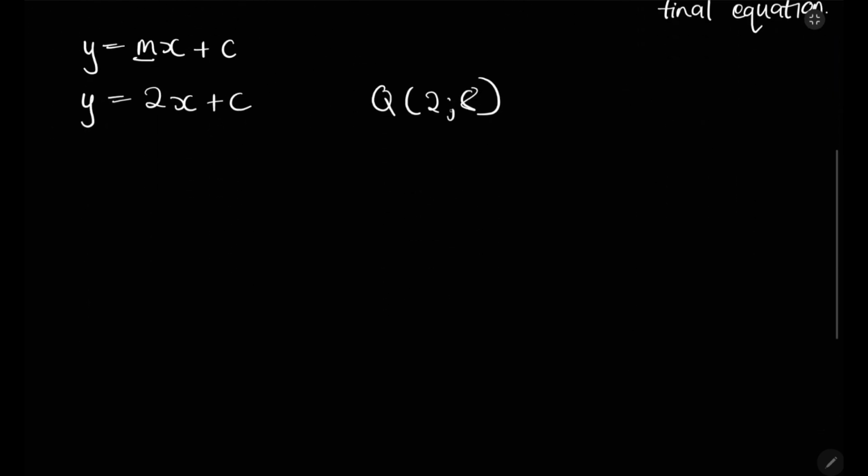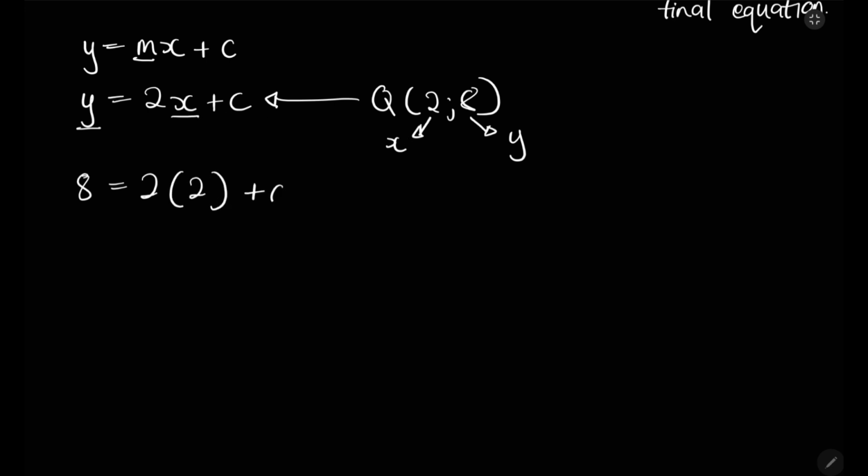Now let's substitute these coordinates into our straight line formula. This 2 is your x, and that 8 is your y. We have a y here, we replace it with 8. This will be 8 is equal to 2x, which is 2, in a bracket plus c. We're solving for c. This will be 8 is equal to 2 times 2, which is 4 plus c.